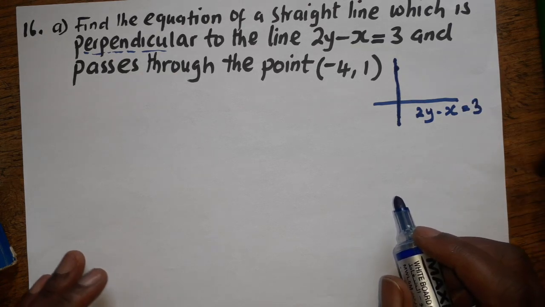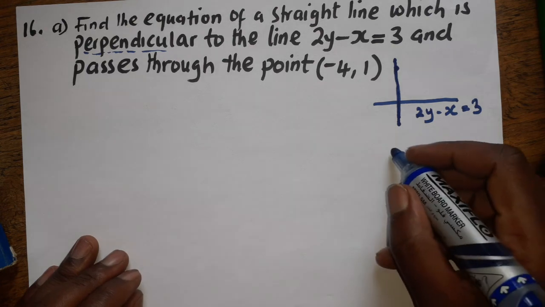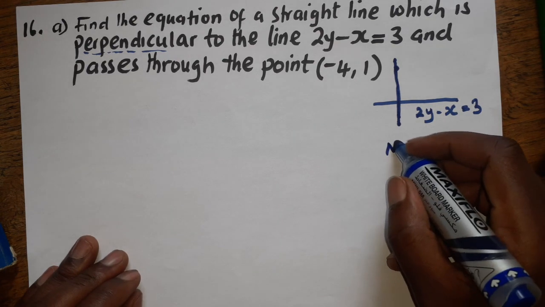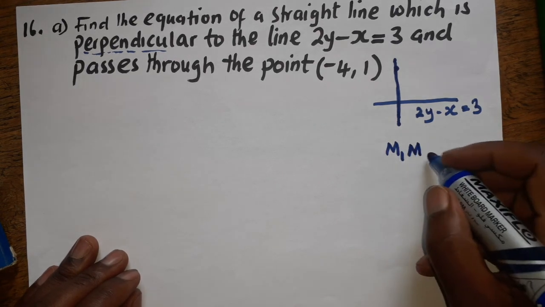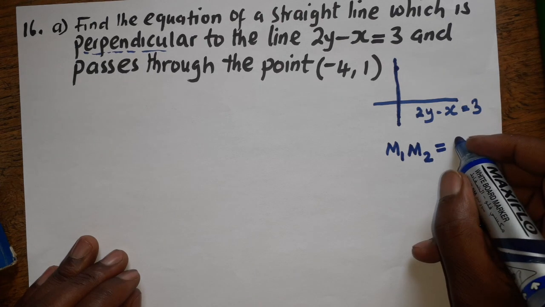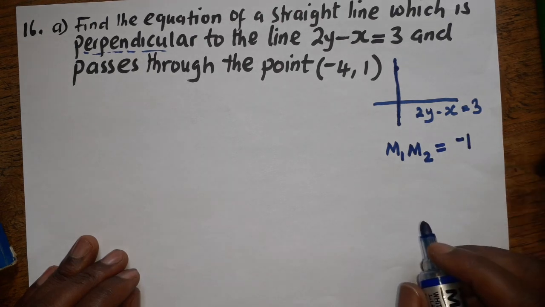All right, so you need to know that when two lines are perpendicular to each other, gradient 1 multiplied by gradient 2, the product is -1.